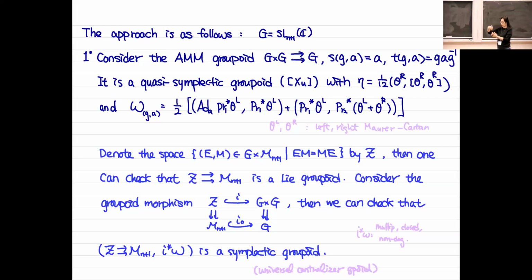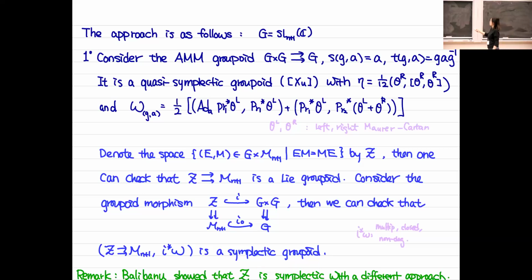And then the general theory tells you that if you have a multiplicative two form, and if it's non-degenerate on the base, then it's non-degenerate on the whole space as well. So that's the first step: on the universal centralizer groupoid, it is symplectic.